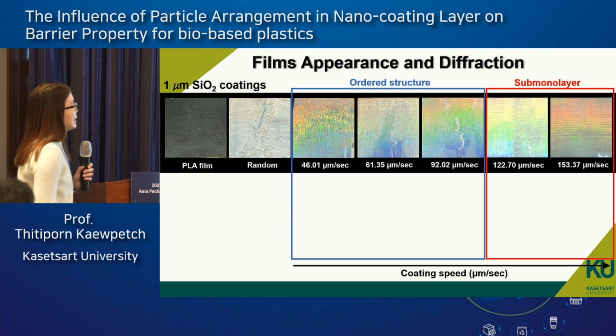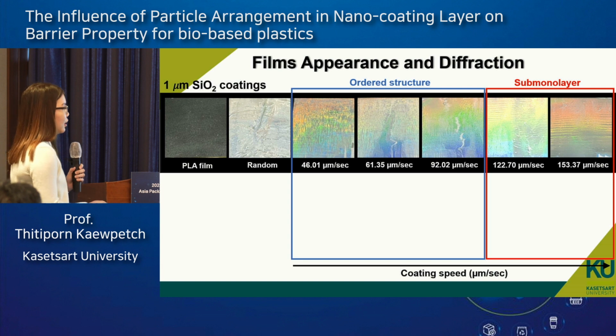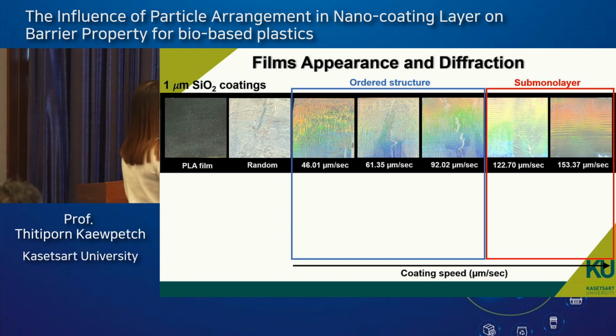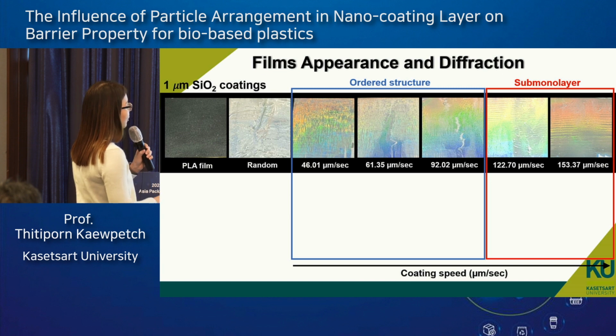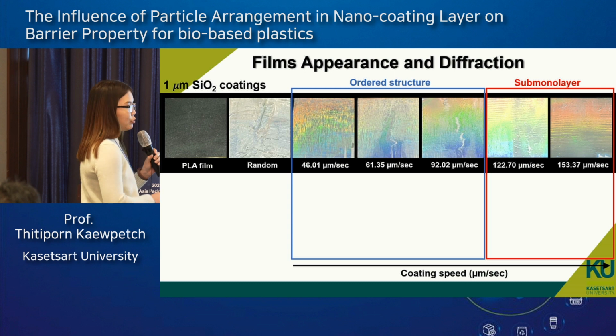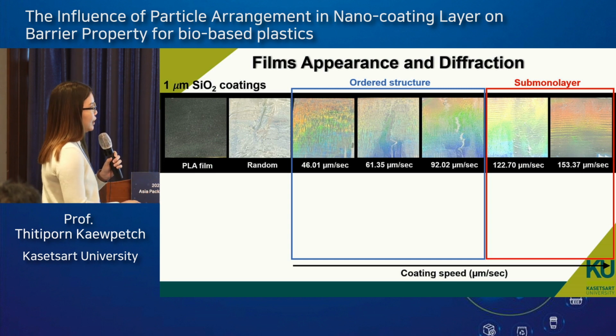If you look at the visible light diffraction of each structure of the coating layer, for the random structure you cannot see any structural color of the film at all. But with the ordered structure, you can see a very clear structural color, or iridescence, of the film.